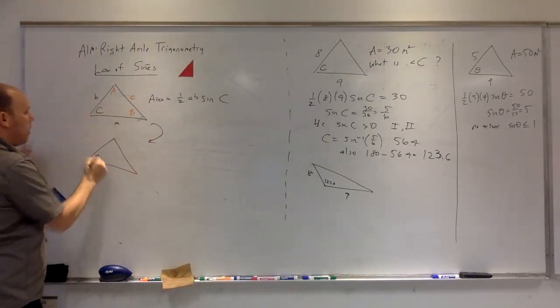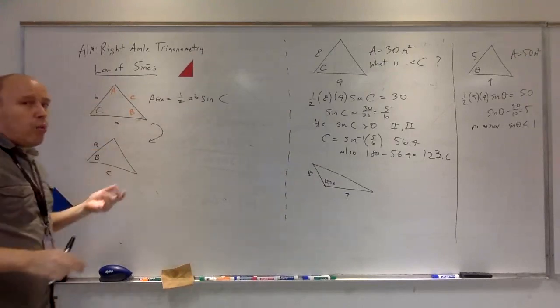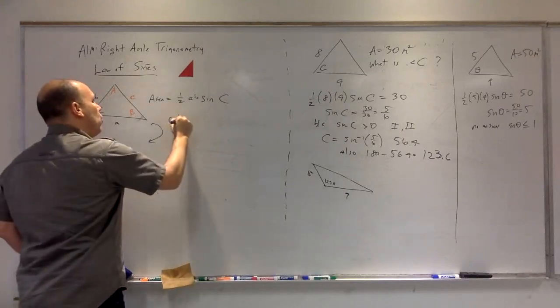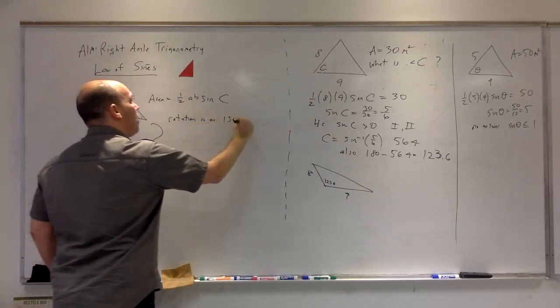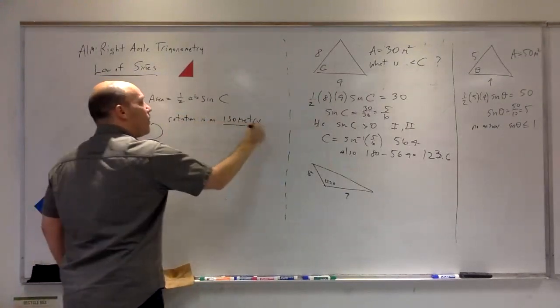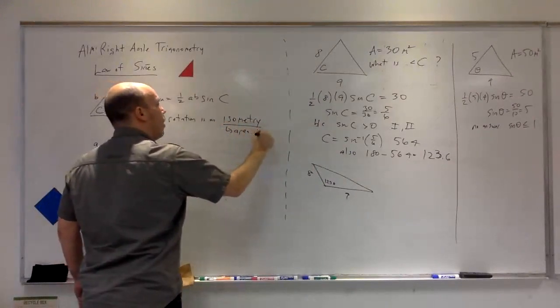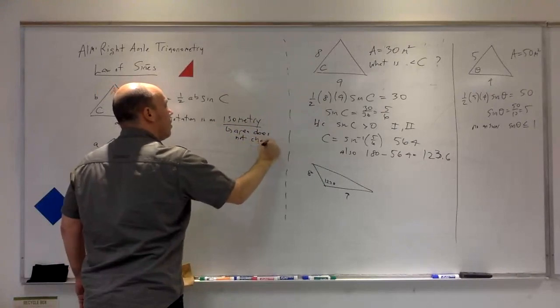So now B is over here, C is at the bottom, and A is along the side. Well, we didn't discuss it: rotation is an isometry. And when I say isometry, it means area doesn't change.